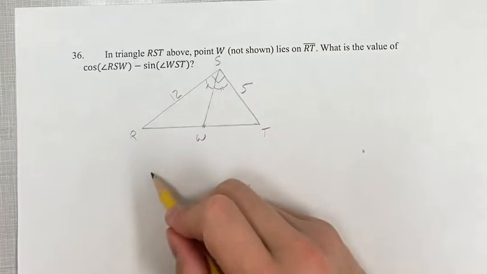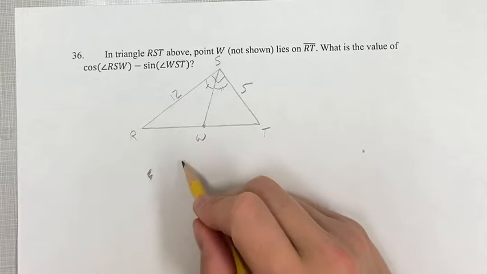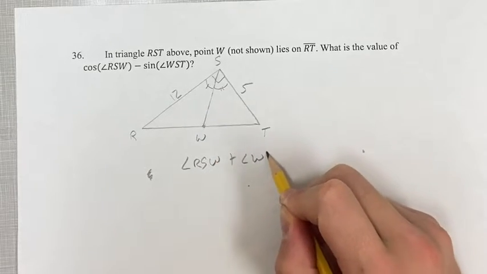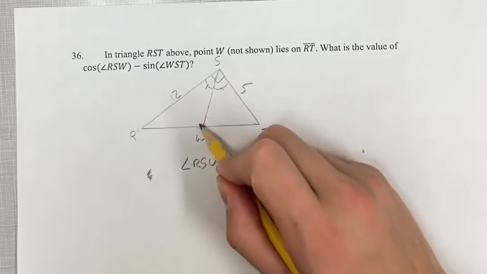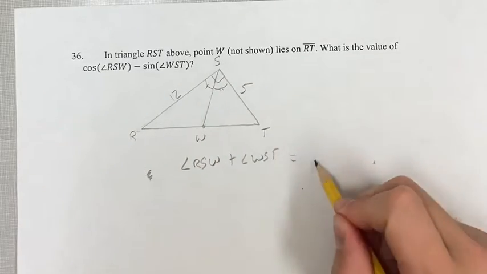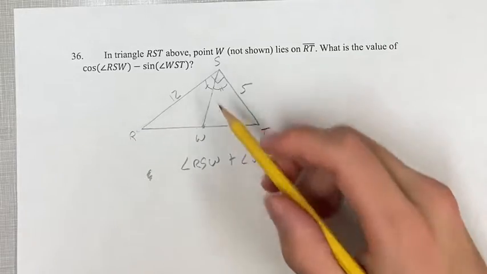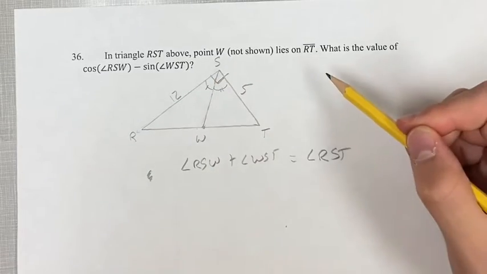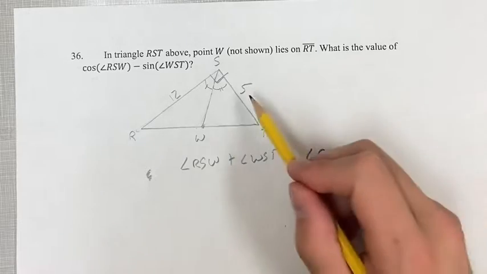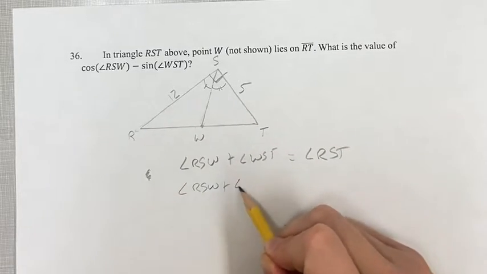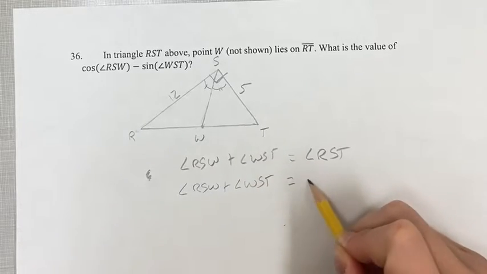So let's just look at the angles first. Angle RSW plus angle WST, so this angle plus this angle, is equal to angle RST. RST is 90 degrees. We're told that it's a right angle based off of our givens. So angle RSW plus angle WST is equal to 90 degrees.